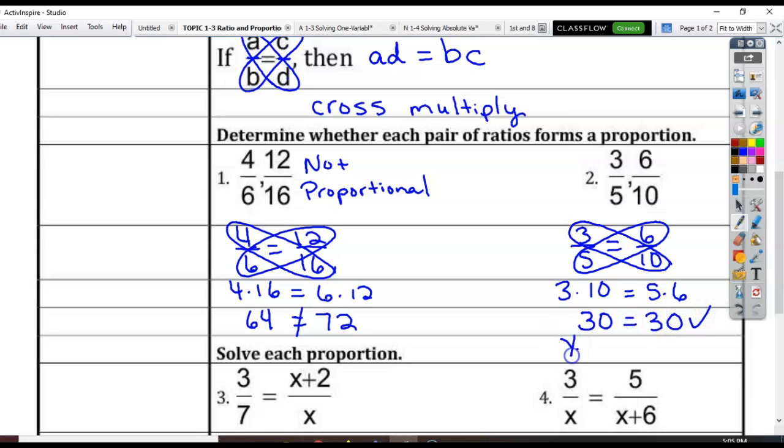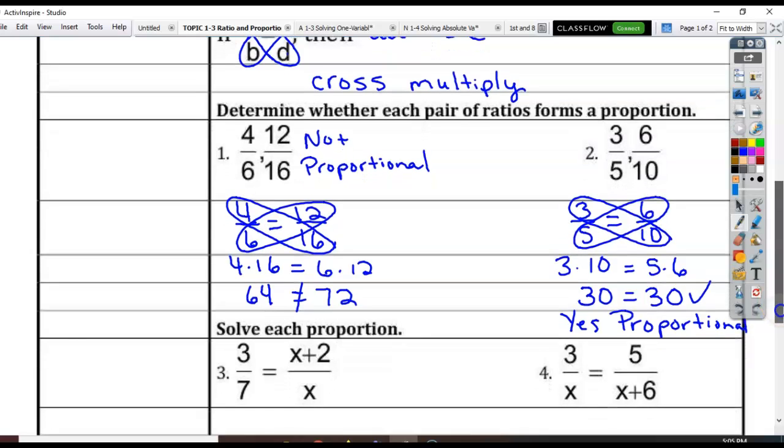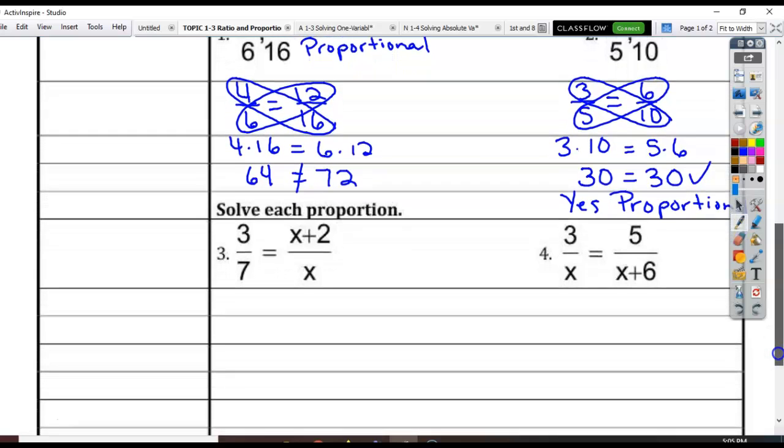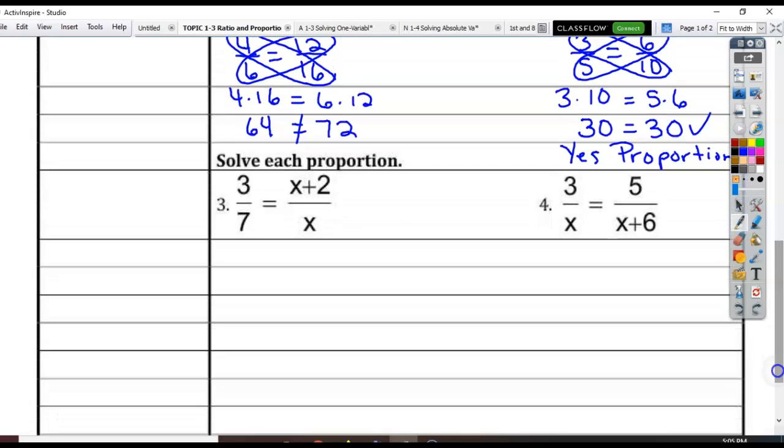So yes, these are proportional. Okay, so to find out if two fractions are proportional to each other, set them equal to each other, cross multiply. If the two numbers are equal, they are proportional.